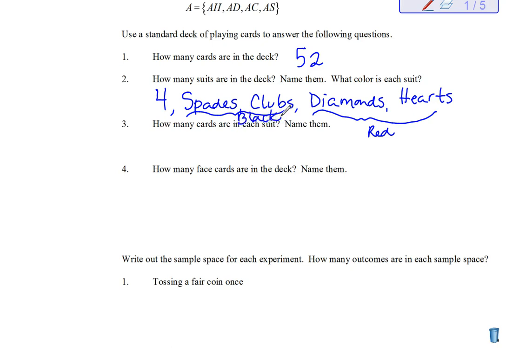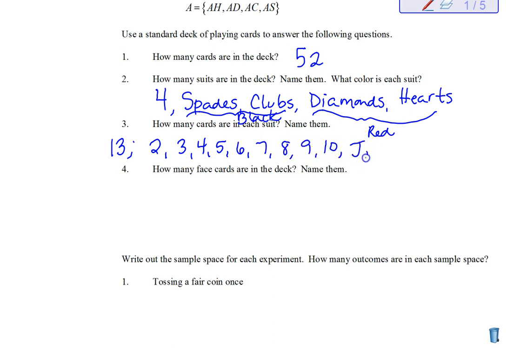Number 3, how many cards are in each suit? Well, it should make sense if there's 52 cards in the deck and we divide it into 4 suits. 52 divided by 4 would give me 13 cards in each suit. Now we're going to name them, and so if we name them, we have a 2, a 3, 4, 5, 6, 7, 8, 9, 10.